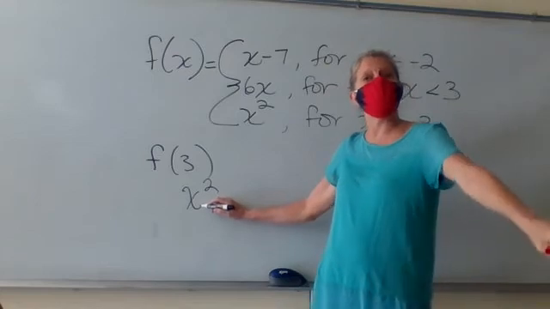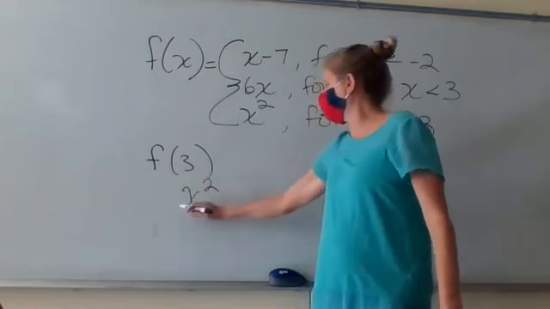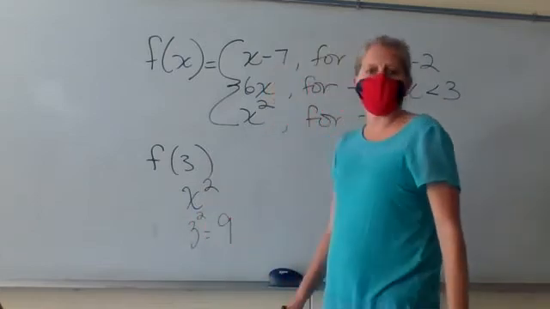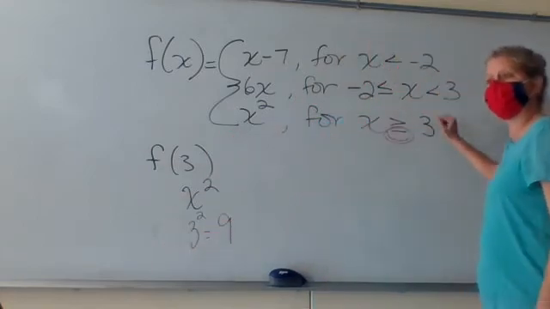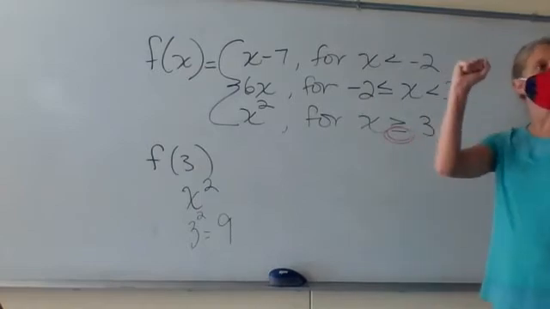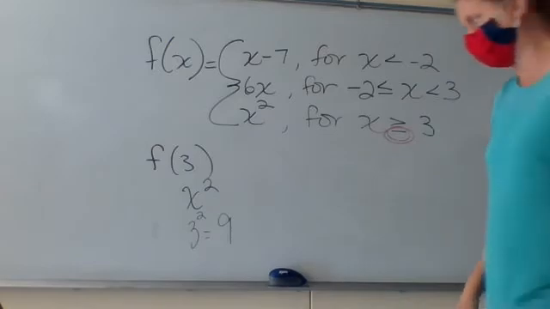So I would put 3 in place of that x, which would give me 3 squared, which is 9. That's what we're going to do on 10 and 11. Find out which piece to plug your number into, and then plug your number into that piece. So let's go to number 10.